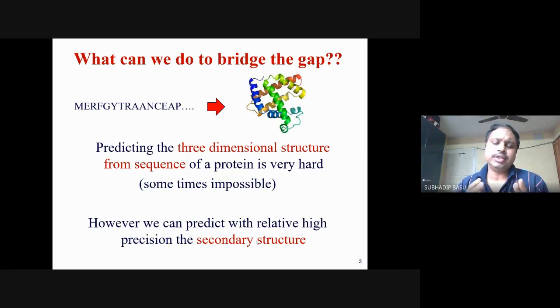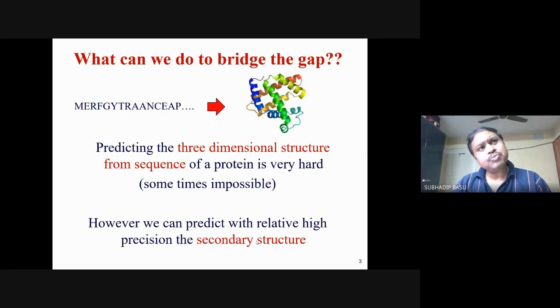In terms of secondary structures, we have the helical structures, beta strands, and turns, and some coils.